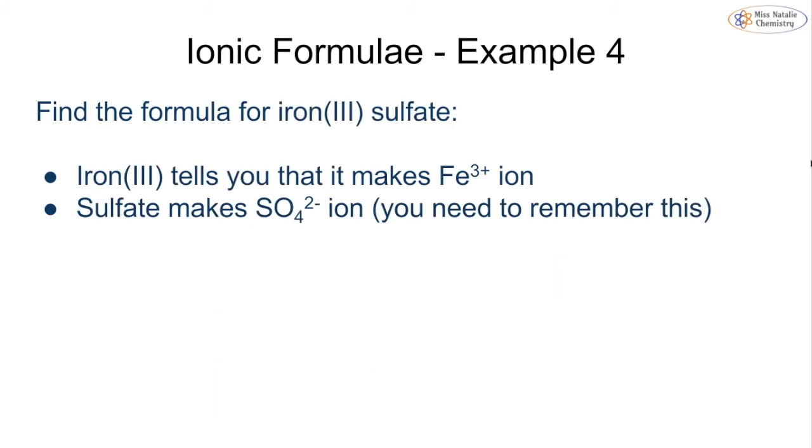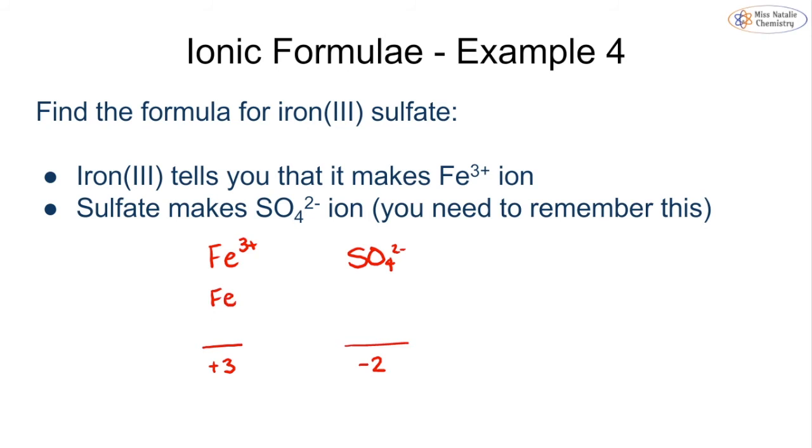And lastly, we have iron(III) sulfate. This is one that uses Roman numerals and a complex ion. The iron(III), that 3 of the Roman numerals, tells us it makes a 3 plus ion. And sulfate is one of the ones that you have to memorize. It's SO4 2-. So again, I look at my charges. I have 3 plus and 2 minus. These are not balanced, but you can see it's similar to our aluminium oxide.